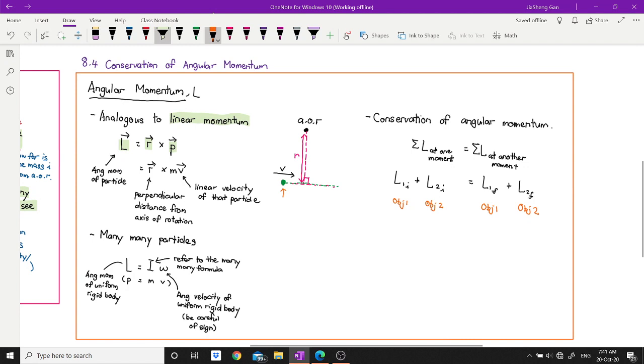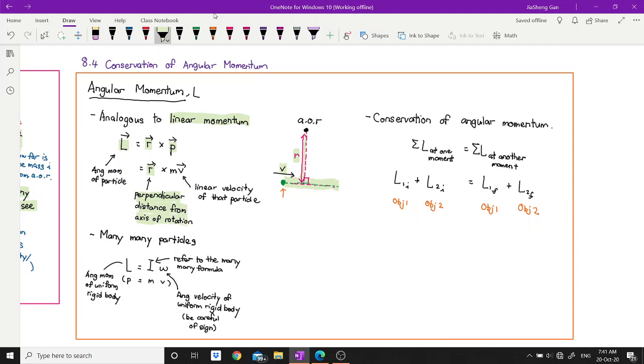Perpendicular distance means that if you take the velocity direction, extend the line in the direction of the velocity, then you find a point where you can draw a perpendicular line up to the axis of rotation. That distance is the perpendicular distance. So R is the perpendicular distance from the axis of rotation.